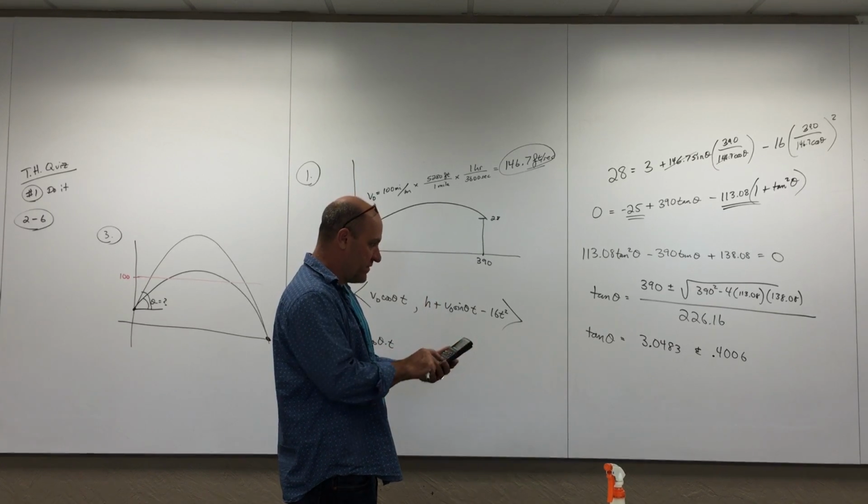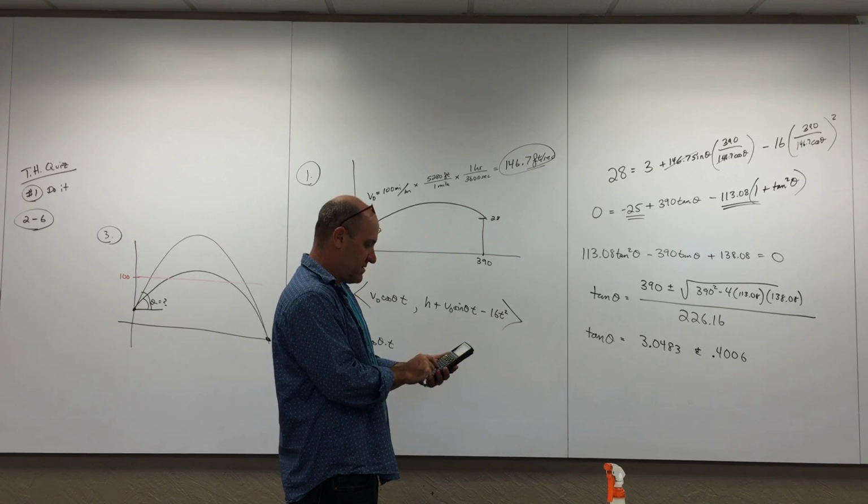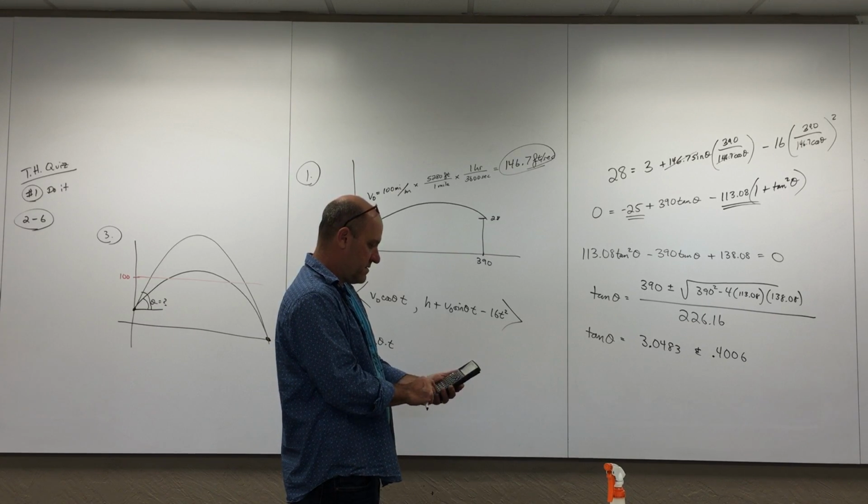Those are just the numbers before tan inverse. Yeah, I don't know. Yeah, the right side can't be this simple because the radicand turns out to be greater than 226.16.